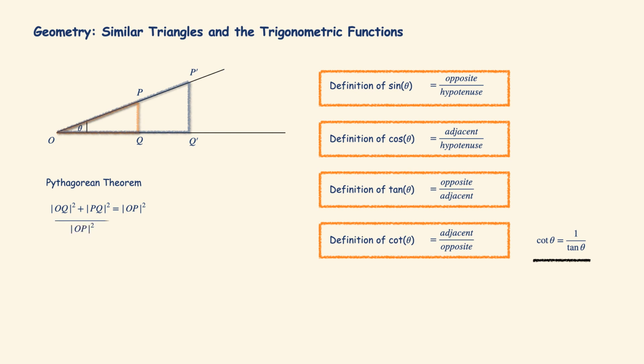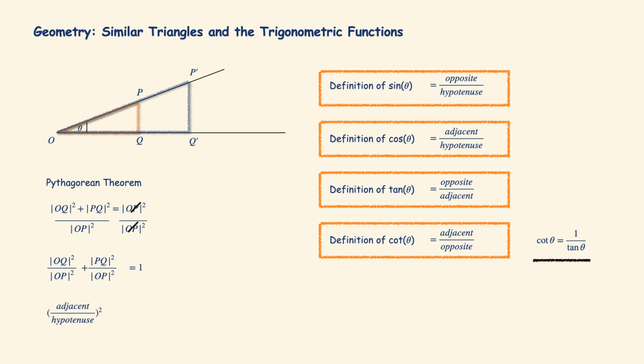Now let's divide both sides by OP squared and see what happens. On the left hand side, I will have to distribute, so I'll have OQ over OP squared plus PQ over OP squared. And on the right hand side, I will have some cancellation, so that will be 1.